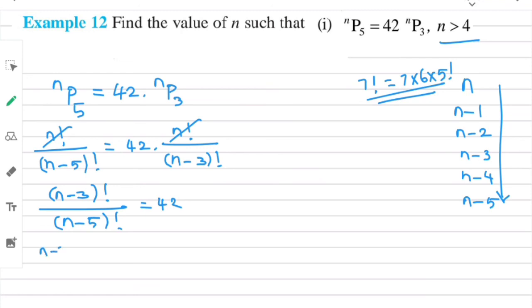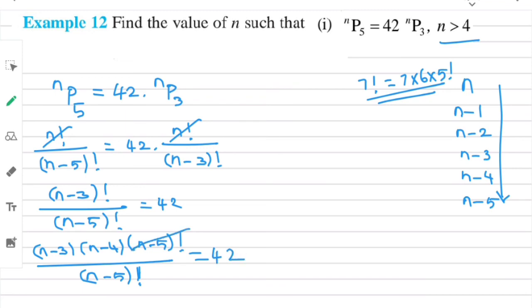So (n minus 3) (n minus 4) (n minus 5) factorial by (n minus 5) factorial is equal to 42. And this (n minus 5) factorial and this (n minus 5) factorial will get cancelled, right? The left out is (n minus 3)(n minus 4) is equal to 42.